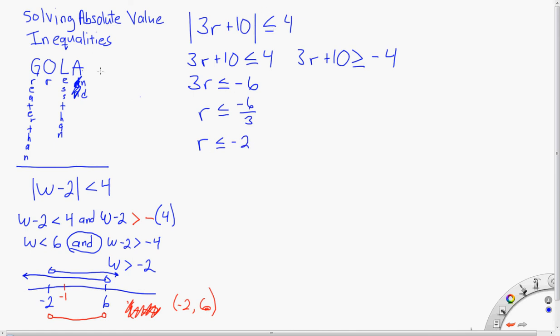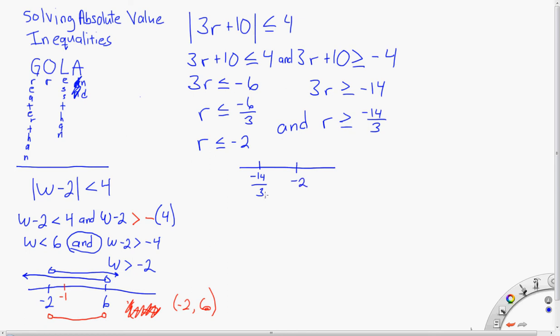This was a less than, so this is an and. So 3r is greater than or equal to negative 14. R is greater than or equal to negative 14 over 3. This is an and, so both of these have to be true. Negative 14 thirds is there.